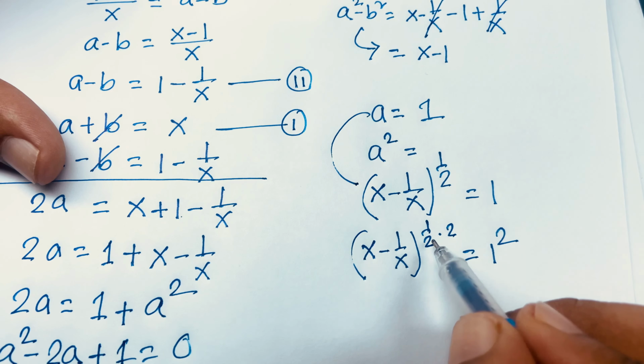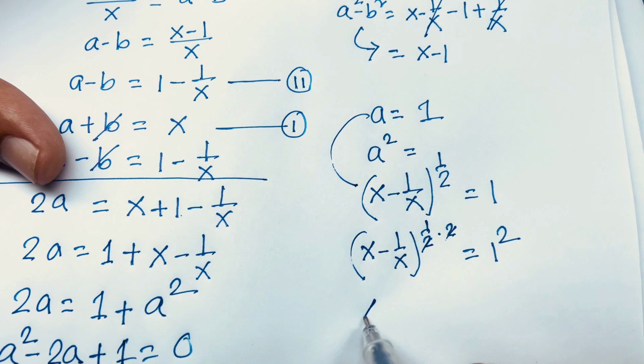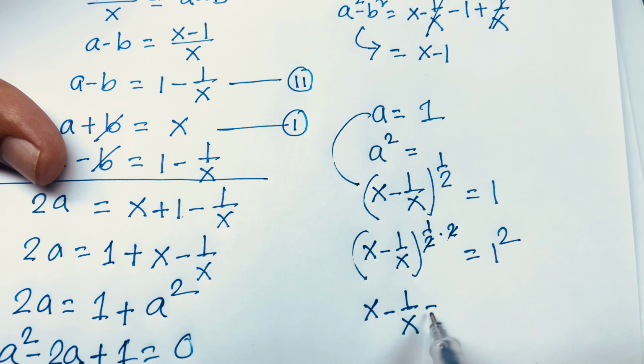The 2s cancel, and here x minus 1 over x is equal to 1.